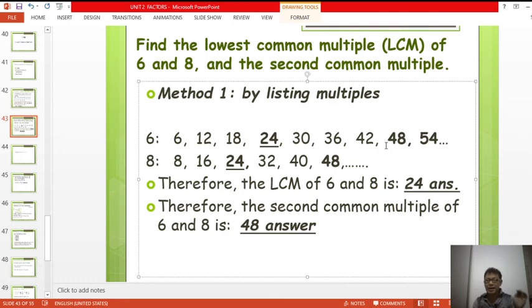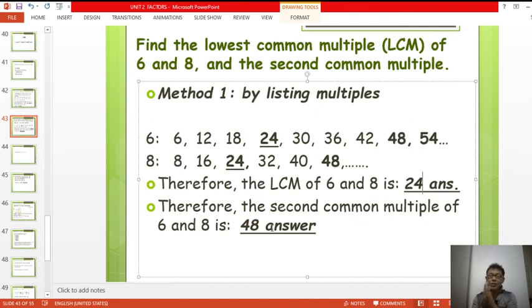As simple as that. The LCM of 6 and 8 is 24. And the second common multiple of 6 and 8 is 48.